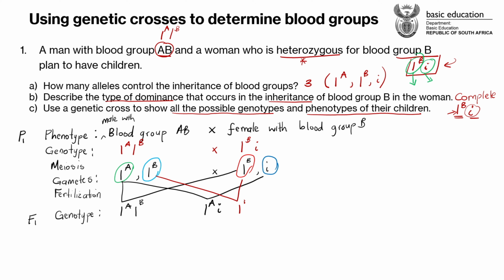This will be I with a capital letter B on top, as well as I with a capital letter B on top. You realize that here we've got I with a capital letter B, and also here the same thing. And then the last combination is the second sperm cell fertilizing the last ovum on the female side. This is I with a capital letter B, and this is small letter i.